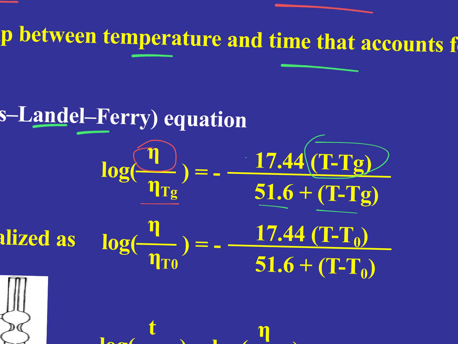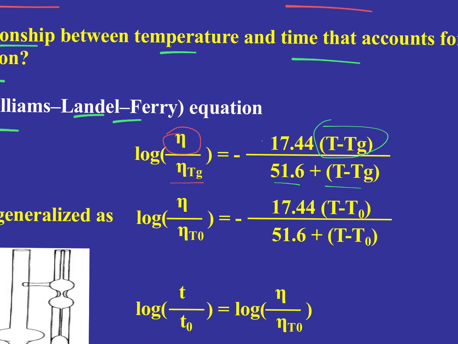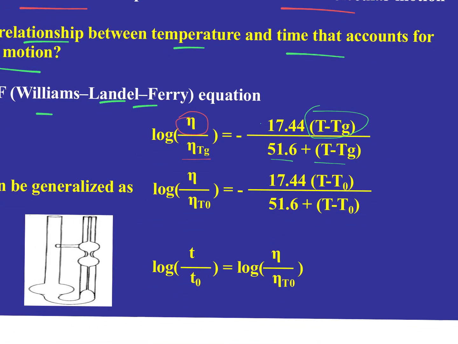And for reasons that will hopefully become clearer later, we generalize this as the log of the ratio of eta divided by eta at some reference temperature. It can be the glass transition temperature, it might be something else, depending on the data that's going into this relationship.